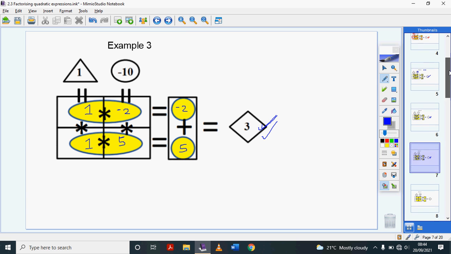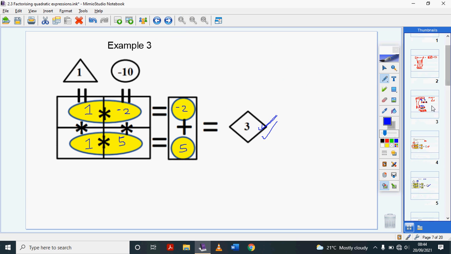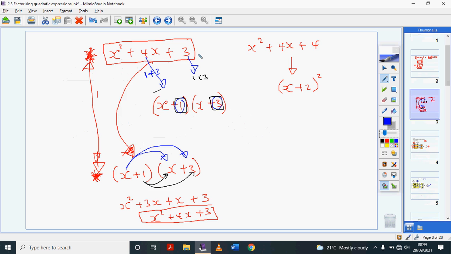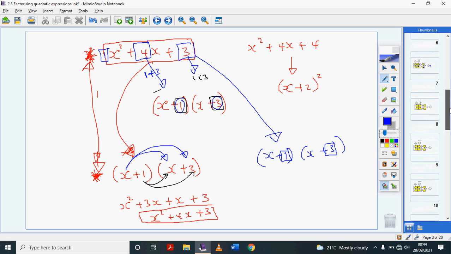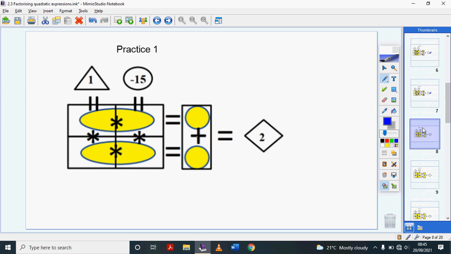The reason for these puzzles is we're trying to figure out what's the best relationship, because remember I started here and I showed you that x plus 1 and x plus 3 have properties that can lead to this number and that number there. That's where we started. So tomorrow, after we've become pros at solving all of these puzzles, we will see how we can use that same setup to solve quadratic expressions.